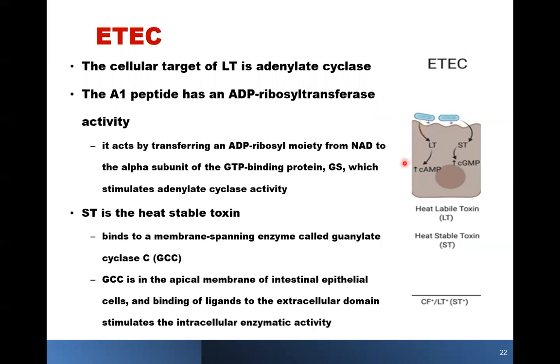With the heat-stable toxin, it has a different target, and the resultant effect is an increase in the cyclic GMP within the cell. The resultant effect is also similar to having high cAMP content within the cell. So the enterocyte no longer absorbs nutrients and ions, rather it keeps on pushing out ions, and water will follow.